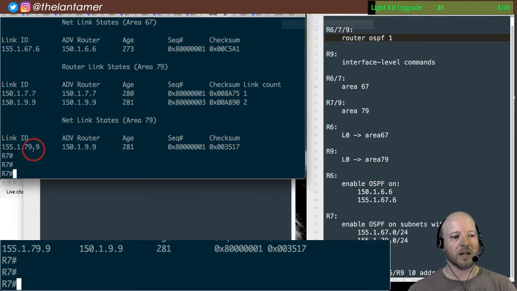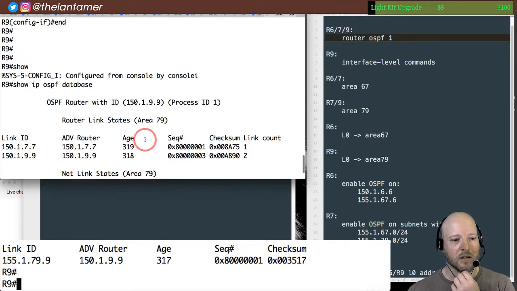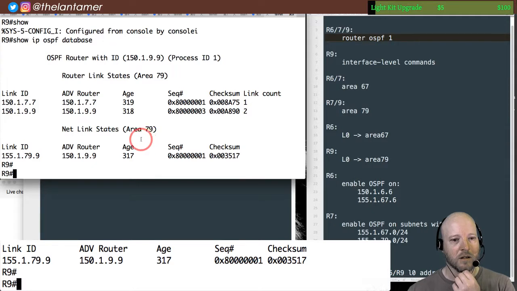And the reason we have that is because, I'm trying to think why we have a network LSA here. This is router 7. Okay, that is because, let's see, on router 7 we enabled this on 2 links, but only one link in area 79. In router 9, we enabled it on 2 links.